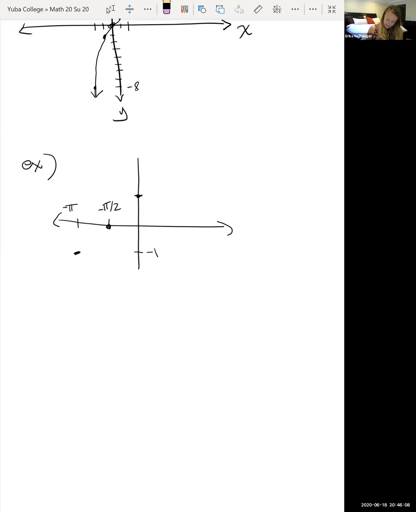At pi halves, we have a point at pi halves, 0, and at pi, -1. So basically you're given the picture. The graph of the equation is given. Find the intercepts, indicate whether the graph is symmetrical with respect to the x-axis, the y-axis, the origin, or none of these.